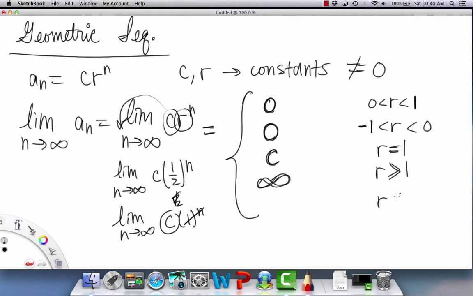And the last case, I know there's a lot of them, but if r is less than or equal to -1, let's just say it's equal to -1, and it holds true for anything with a negative sign in front that's not a fraction. If n equals 0, then this part here would just be 1, so then we get c.